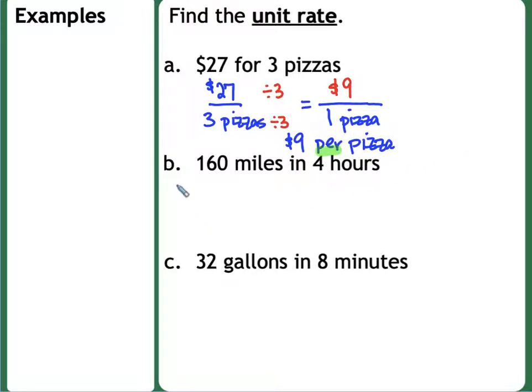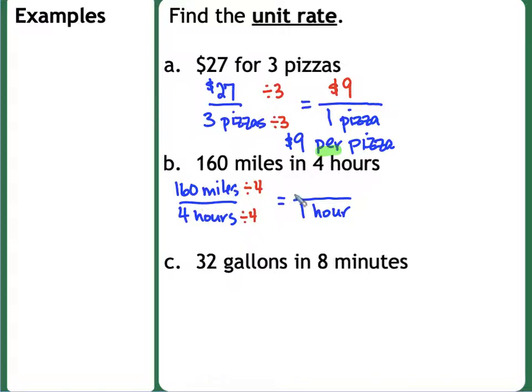So I've got my units and I've got the word per. Let's look at the next one. 160 miles for every 4 hours. And we want the unit rate. So we want to know, what is it for just 1 hour? So what is it per hour? Well, again, we're always going to divide by that denominator to get the denominator to 1. So we're going to divide numerator and denominator by 4.